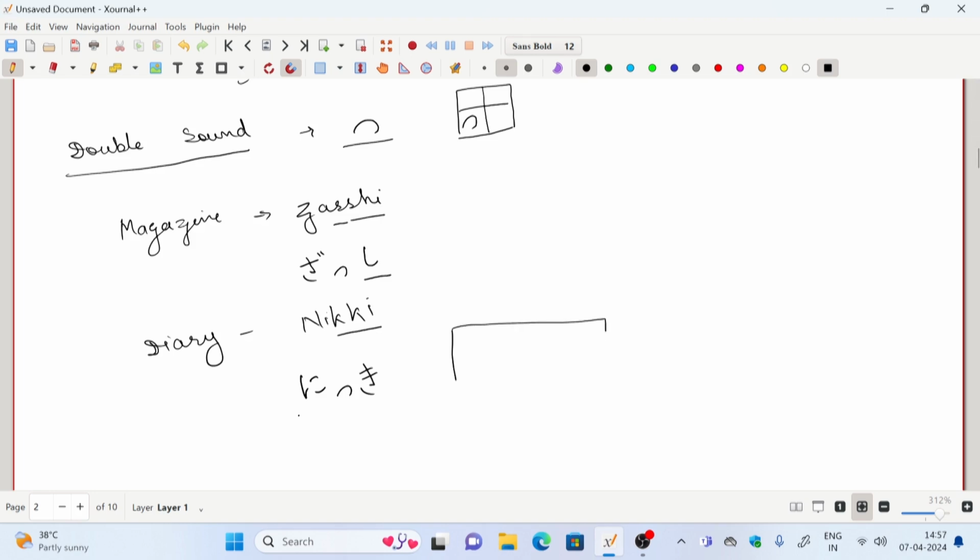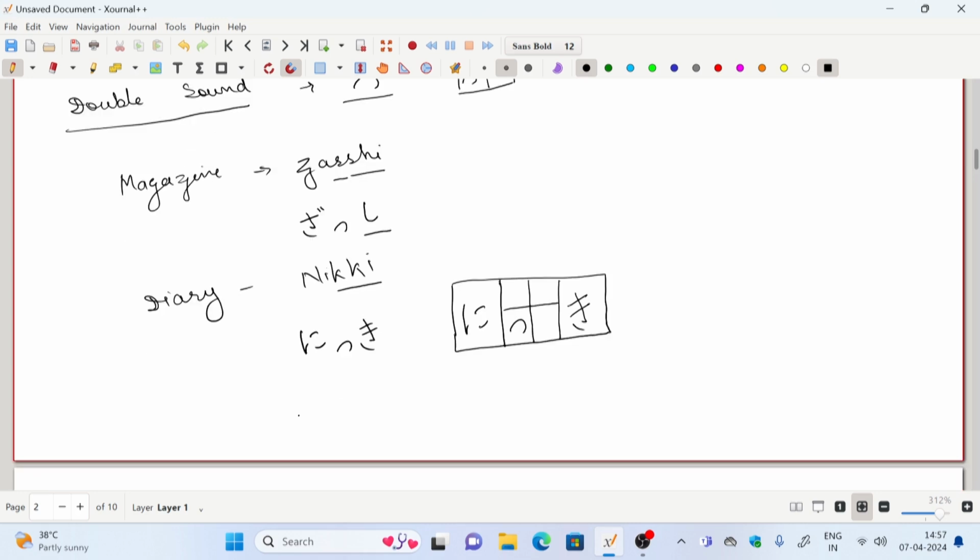We'll make 3 square boxes. We'll make 1/4 to write tsu. So ni and ki will take the whole box and tsu will take 1/4 of the square. So this is how we'll write nikki.